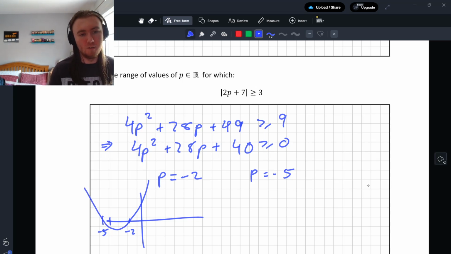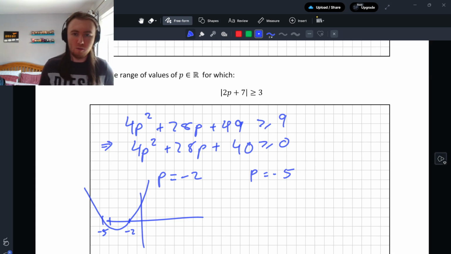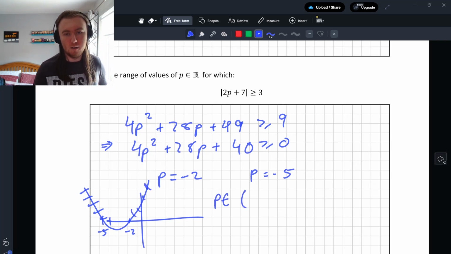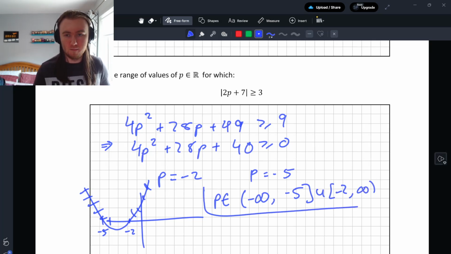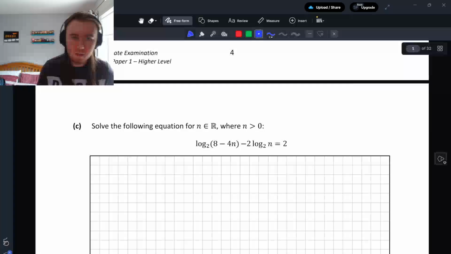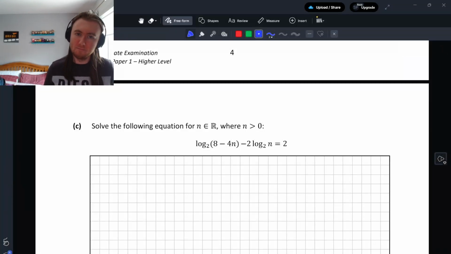If it's greater than or equal to 0, then we're looking at this region. So p is an element going from minus infinity up to minus 5 inclusive, union negative 2 inclusive up to infinity in interval notation.